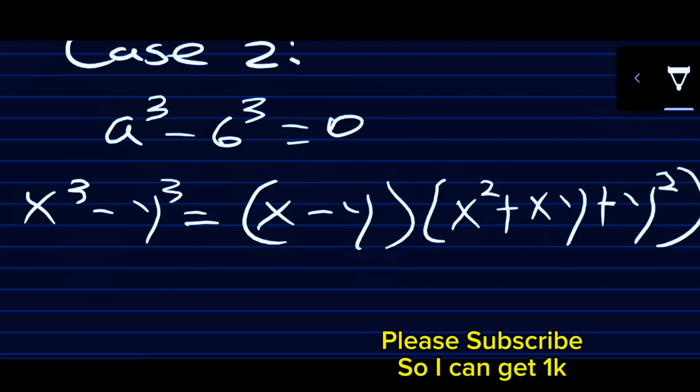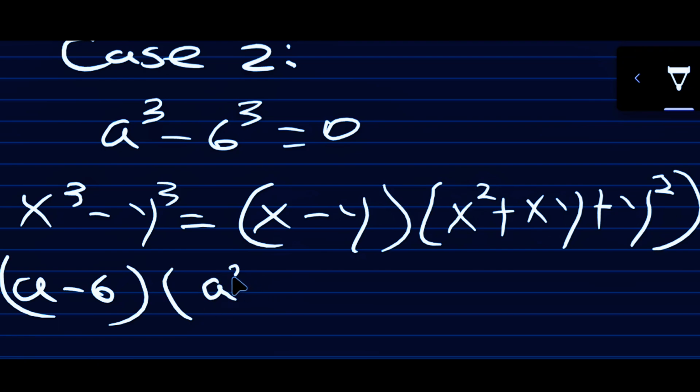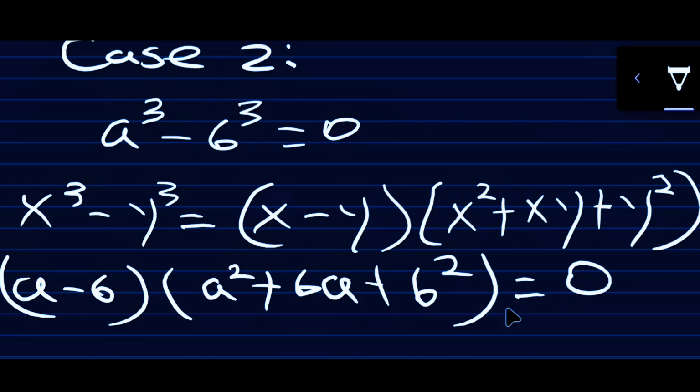Now this is what we have here. So if we expand this given equation in this form, remember that x is a and y is 6, so we have x minus y will now be a minus 6. Let's put that in parentheses. Open another parenthesis. x squared will be a squared plus 6a, then plus 6 squared. And everything equals 0.